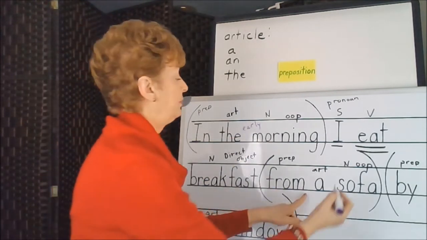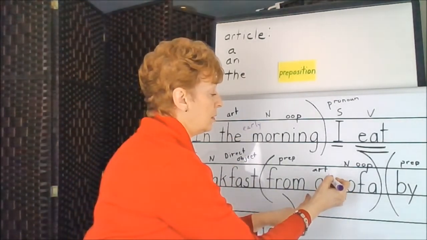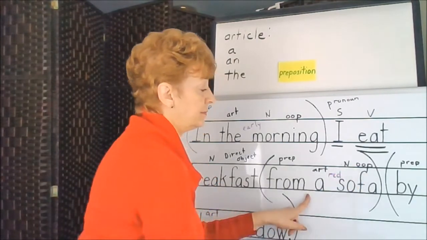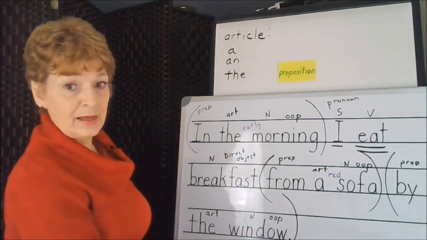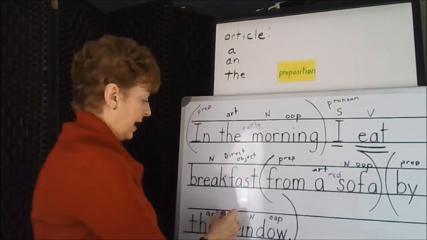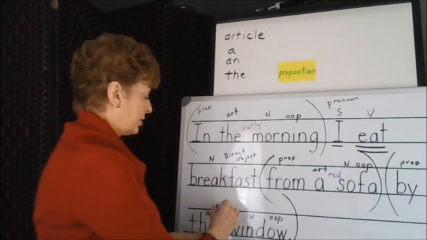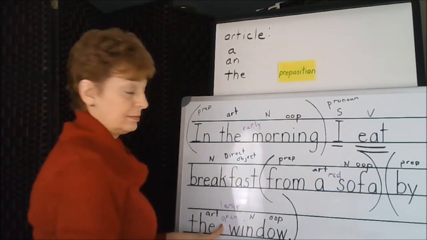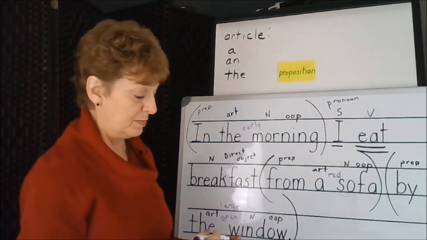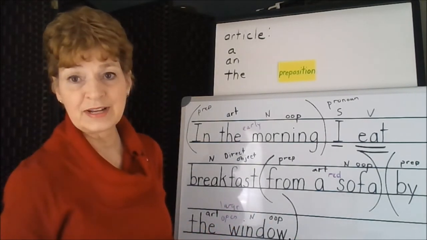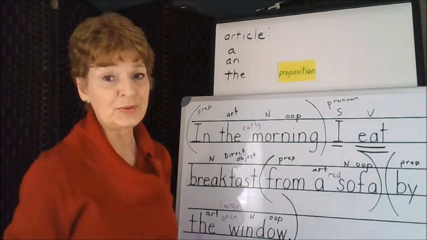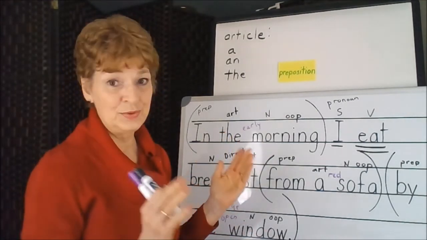Or by the red sofa. By the open window, perhaps. Or you could say the large open window. Do you see how those words could make those prepositional phrases a little bit longer? But usually they are 2 to 3 words long.